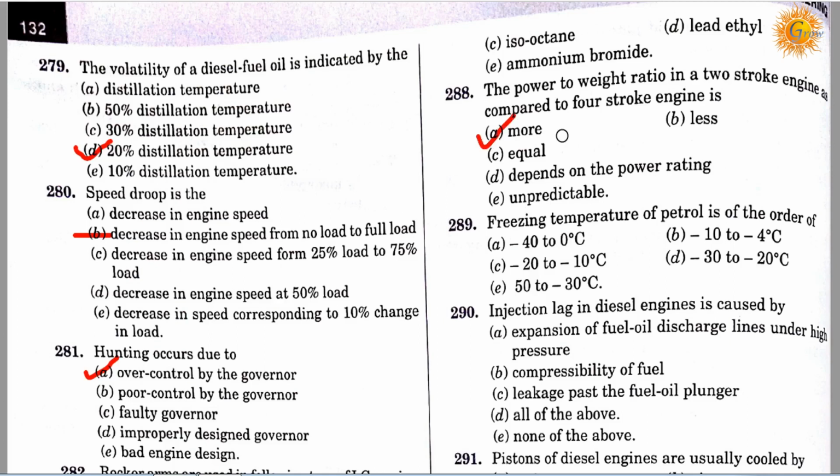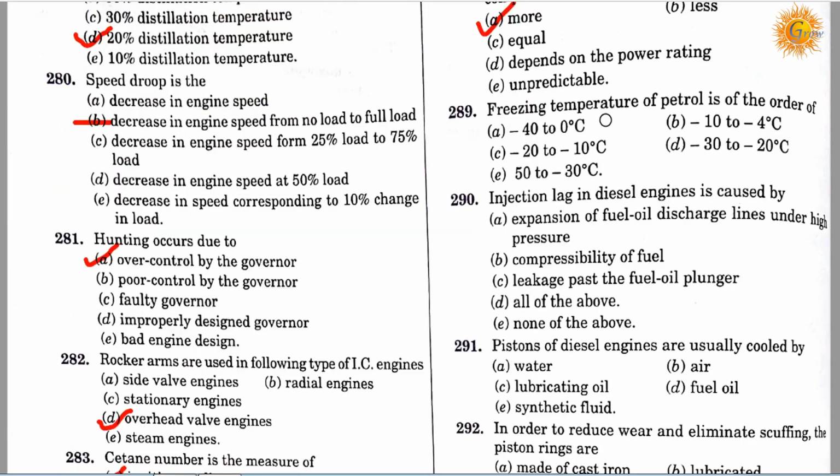Question number 289. Freezing temperature of petrol is of the order of: option A, minus 40 to 0 degree centigrade; option B, minus 10 to minus 4 degree centigrade; option C, minus 20 to 10 degree centigrade; option D, minus 30 to minus 20 degree centigrade; option E, minus 50 to minus 30 degree centigrade.